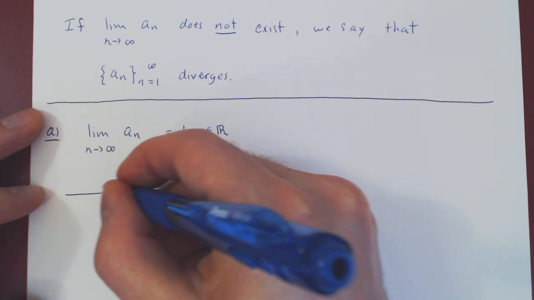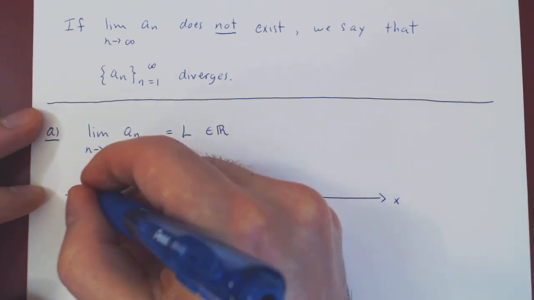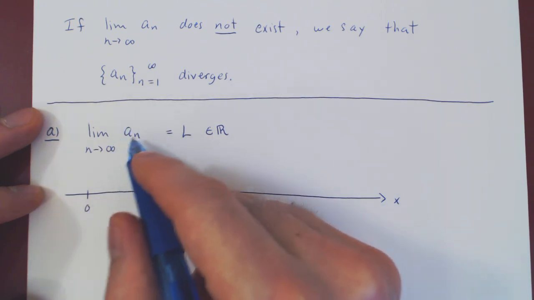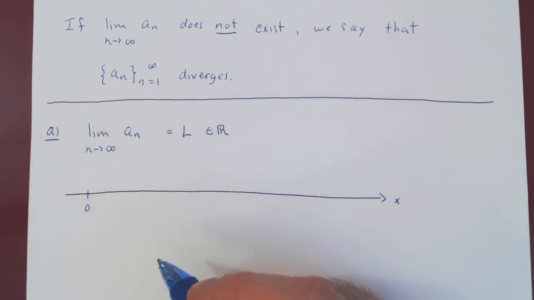Just for argument's sake, I'll assume that the terms of our sequence are positive and that they are increasing, so they're getting bigger as n is getting bigger.